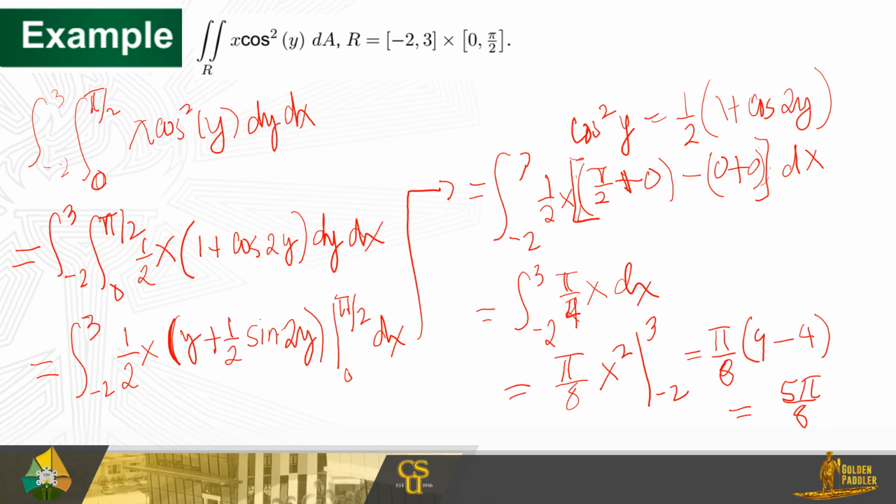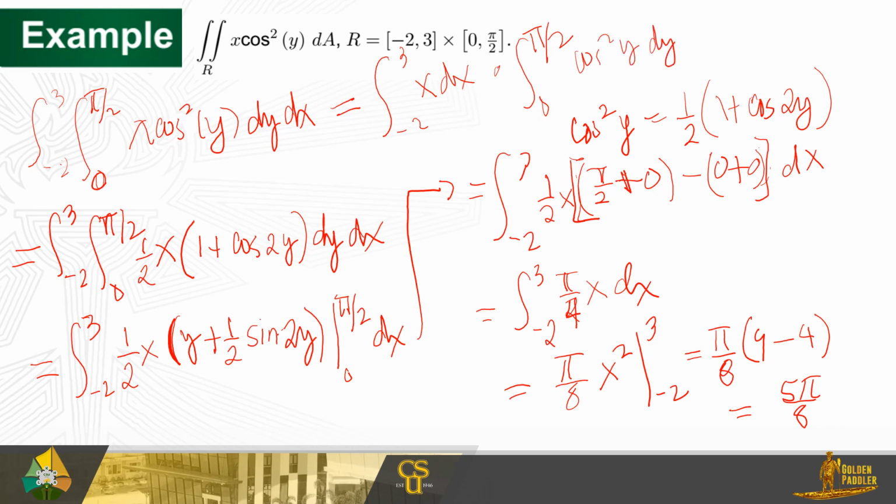Pero pwede din na i-integrate mo ito as the integral from -2 to 3 of x dx times the integral from 0 to pi halves of cosine square of y dy.